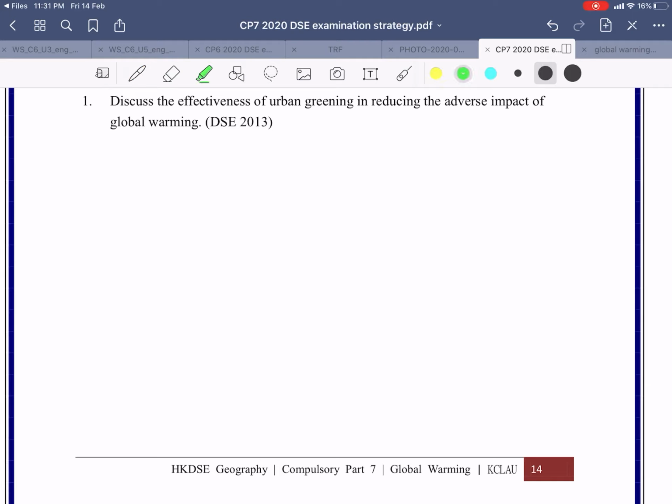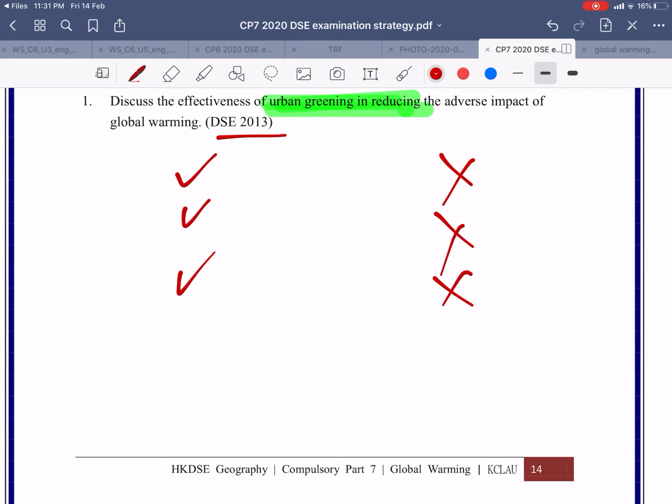For every second sub-question of the global warming essay since the DSE took place, the first one, this one, 2013, urban greening, pros and cons. What should you do? Evaluate the measures, and not just evaluate the measures, you have to give me a judgment, okay?